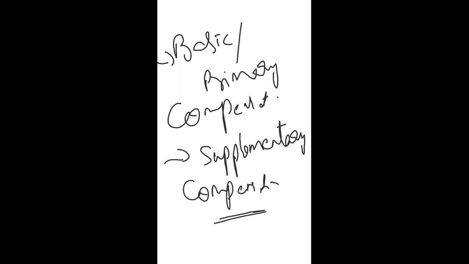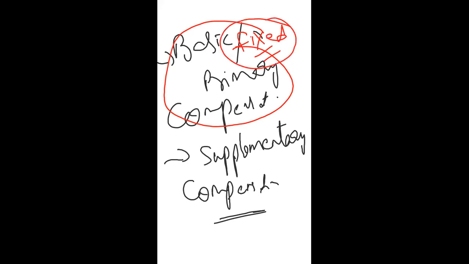So basic or primary compensation is the one which is the fixed part of the salary. Okay, which is the fixed part. Like company will pay you irrespective of your performance. So we call it a fixed part, like fixed salary. Whatever work you will do, whether you have done it in a good way or bad way, whether you have achieved your target or not, but this amount will be paid to you. This is the basic primary compensation.